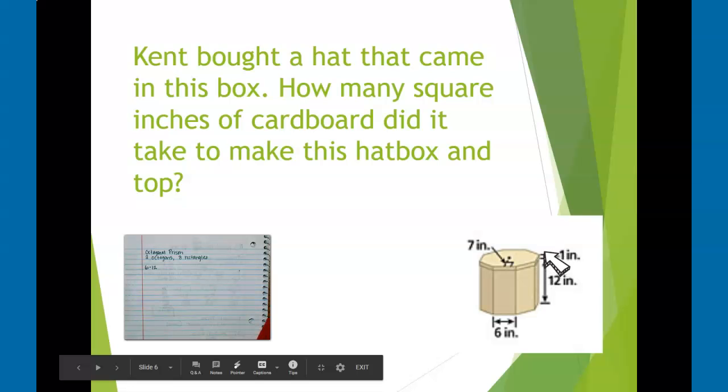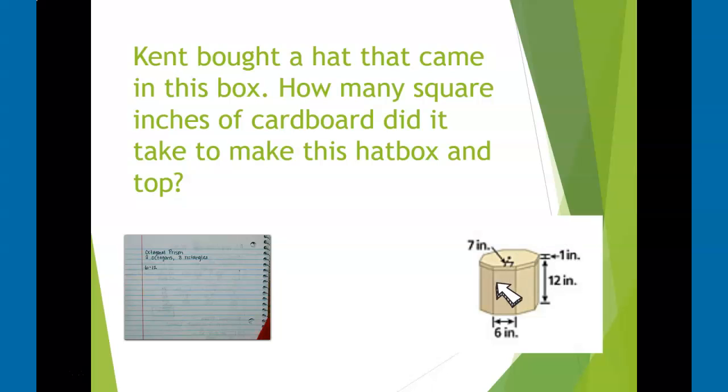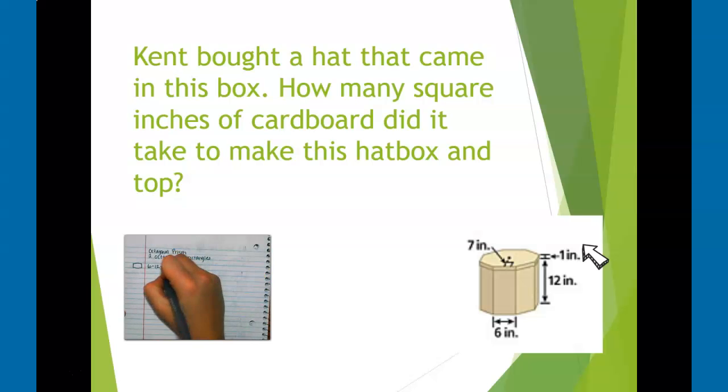This 1 inch is for the lip of the hat box, but we're not going to calculate that. We're going to ignore it. I don't even want to deal with that right now. So we are not going to acknowledge this 1 inch. So your rectangles are 6 by 12 inches.